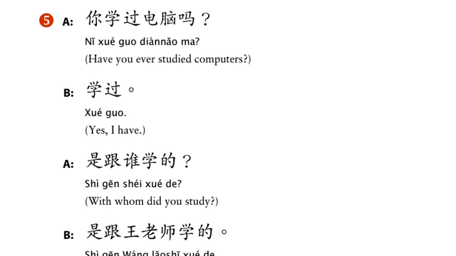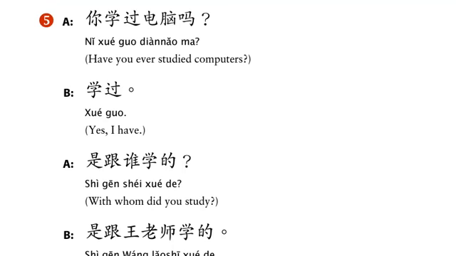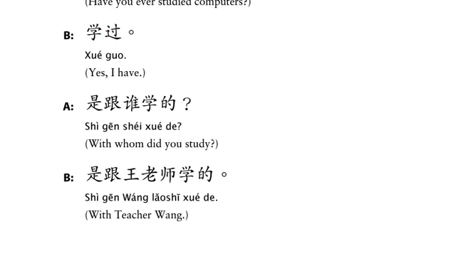Here's another example. 你学过电脑吗? Have you ever studied computers? 学过. Now we know that something happened, so the person wants more detail. 是跟谁学的?